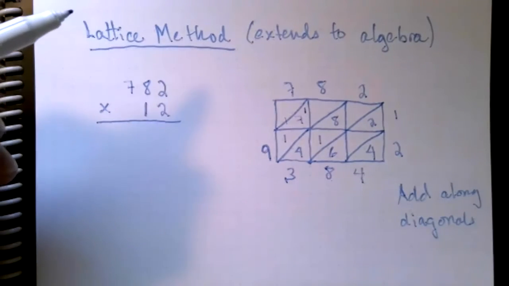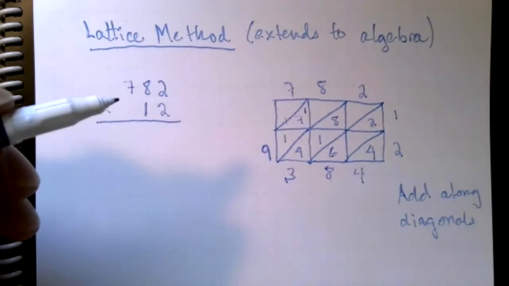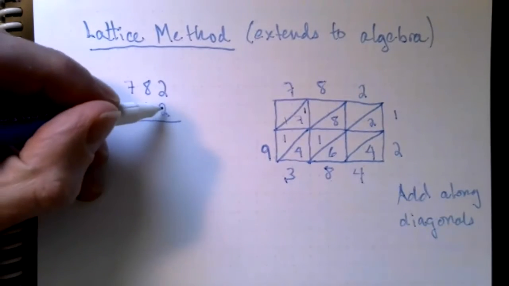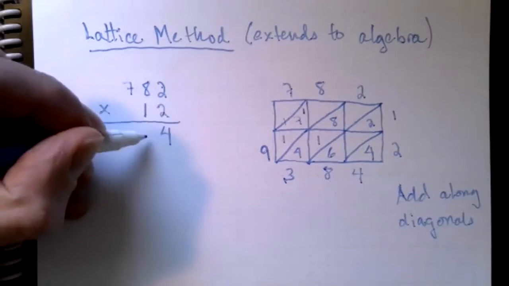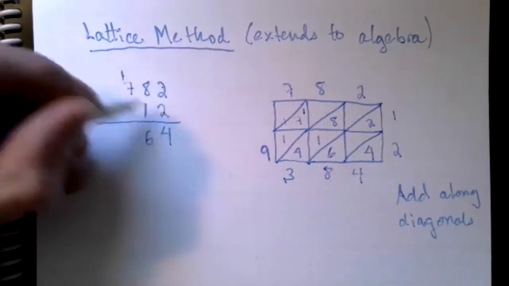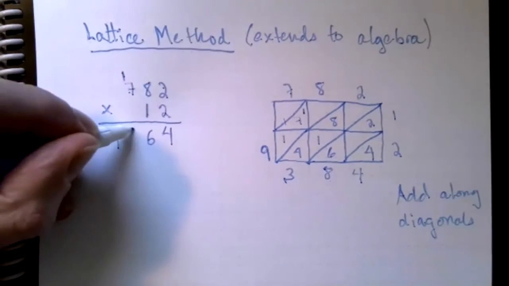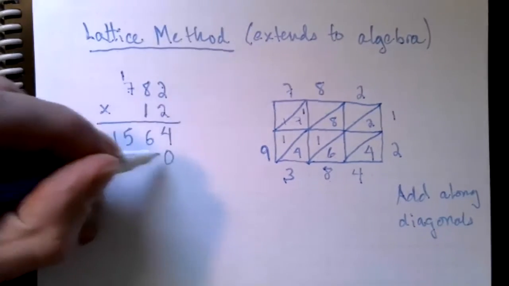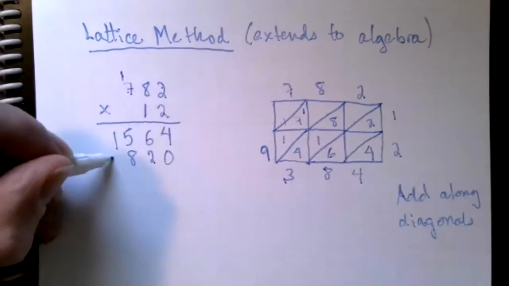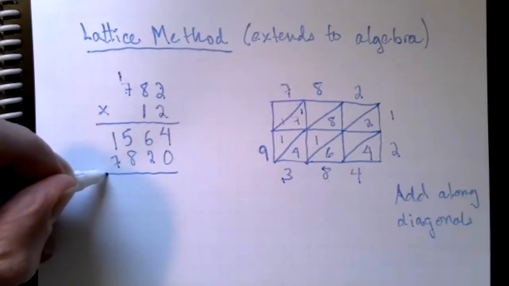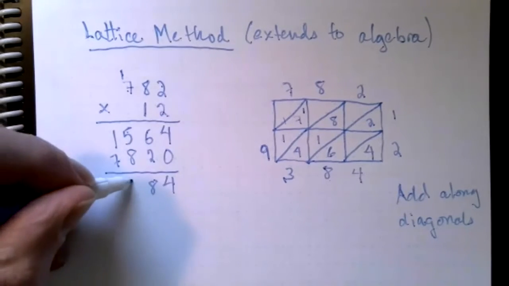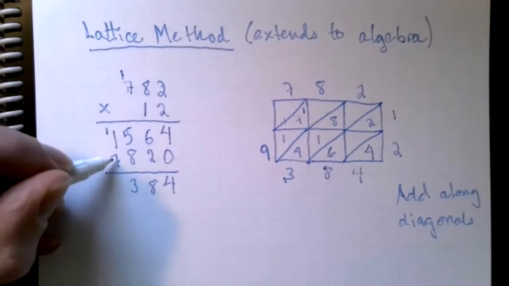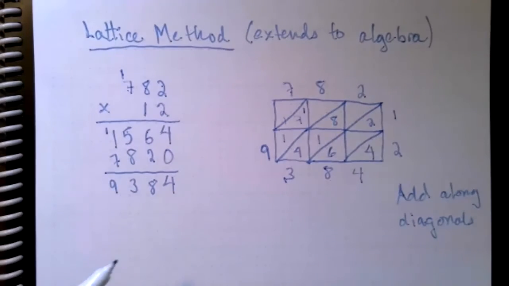So let's compare that to the standard algorithm here. You have a 4, 6, carry the 1, 14, that's 15, 0, 2, 8, 7, 4, 8, 13, carry the 1, 9.